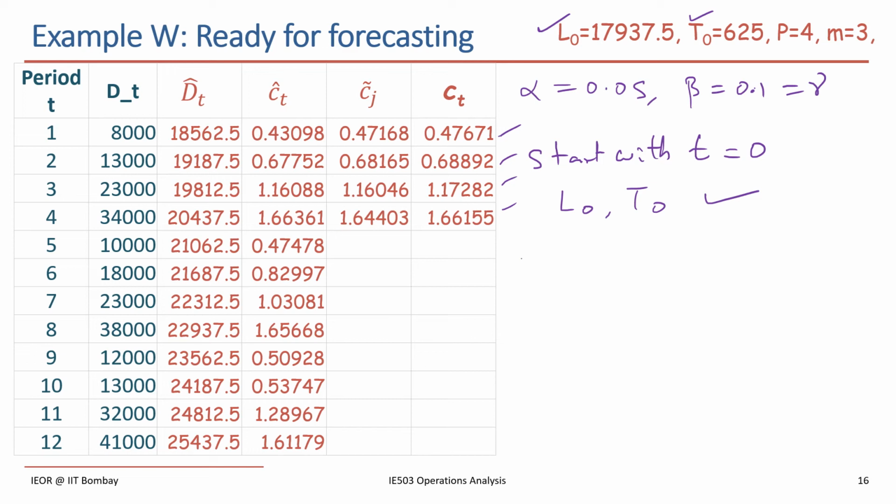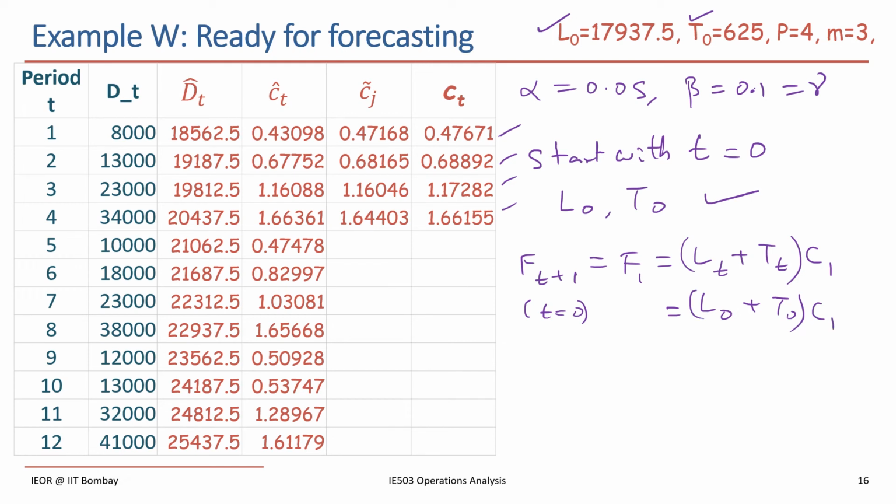Looking at the forecasting expression, F of t plus 1 is equal to Lt plus Tt into C1. When t is equal to 0, F1 is equal to L0 plus T0 into C1. I know L0, I know T0, I know C1, which is 0.47671.